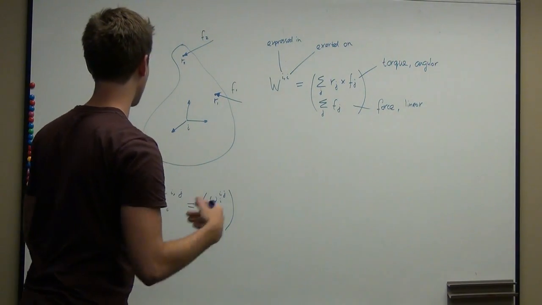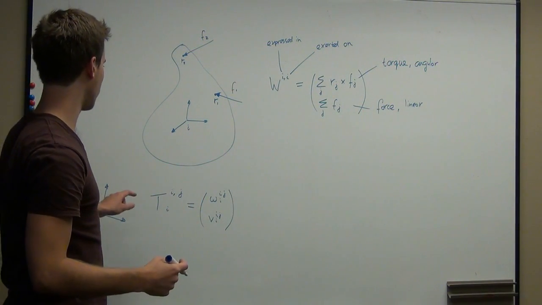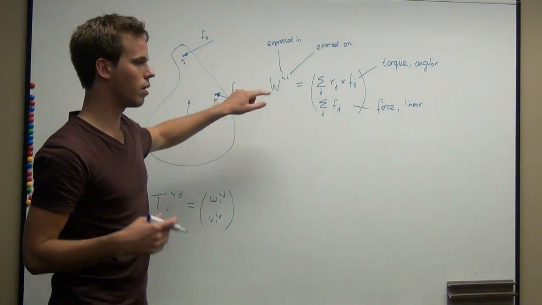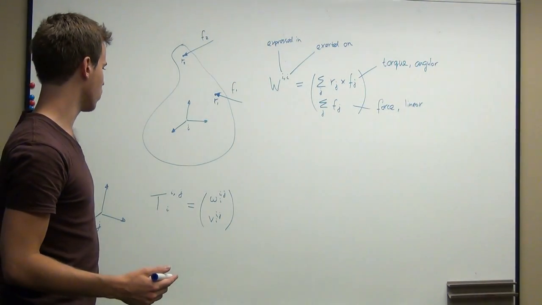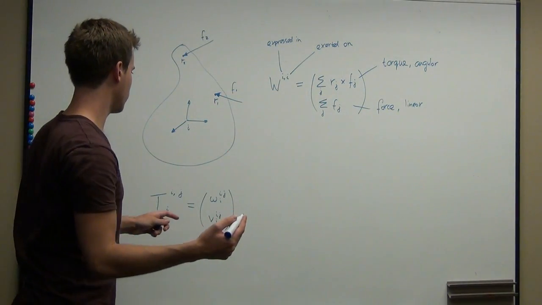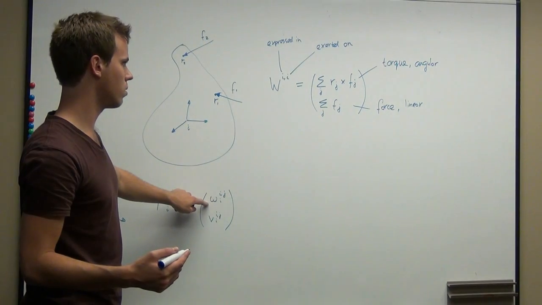Then the way in which they sort of cooperate is that if you take the dot product of this twist and this wrench, then you get the instantaneous power. So really this torque is sort of what's called collocated with this angular velocity.